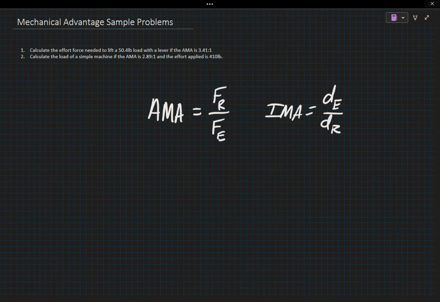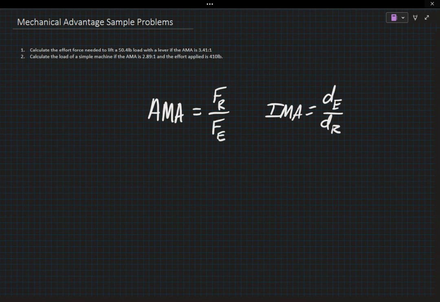With actual mechanical advantage, we're talking about forces. When we talk about advantage, you have advantage when you apply less force than what the object weighs or whatever your resistance is. So if your denominator number is less than your numerator, then you will always have a mechanical advantage that's greater than 1.